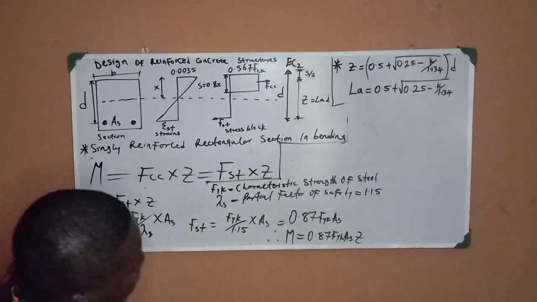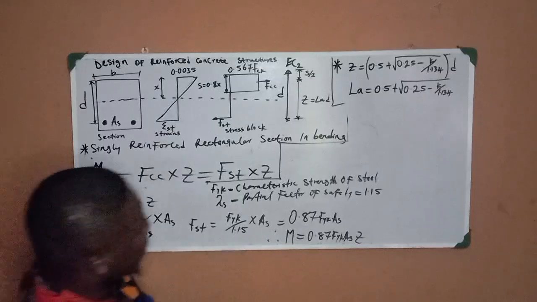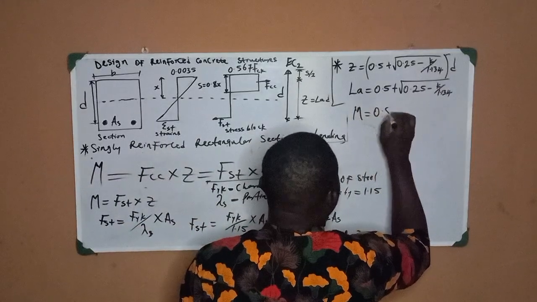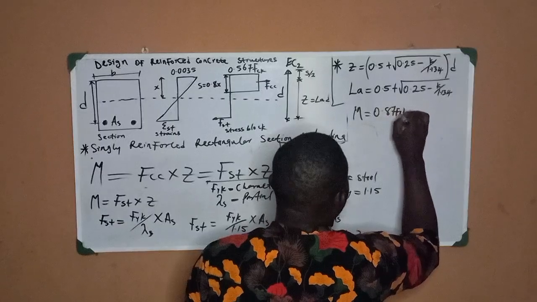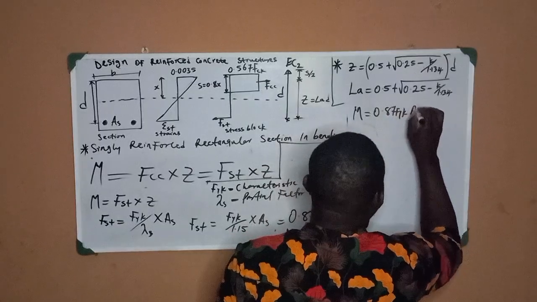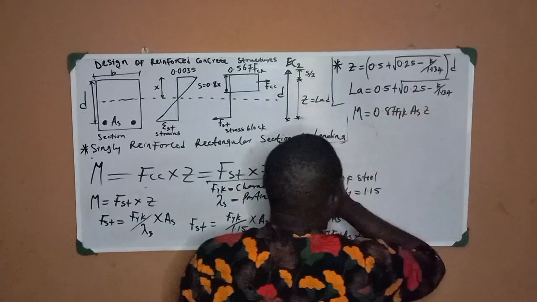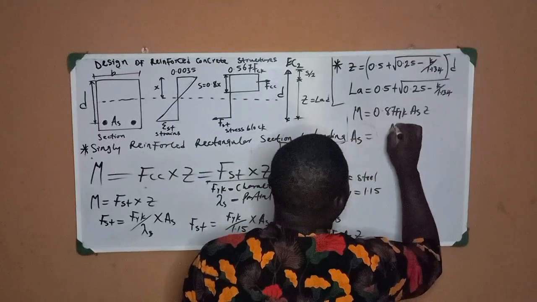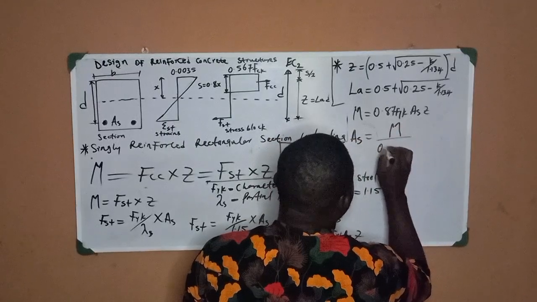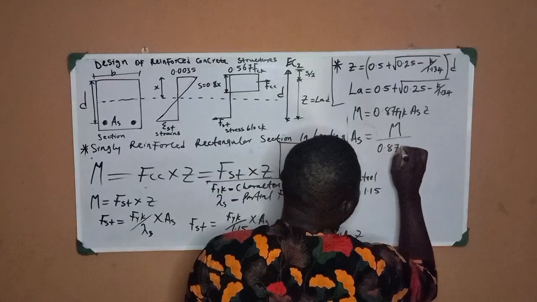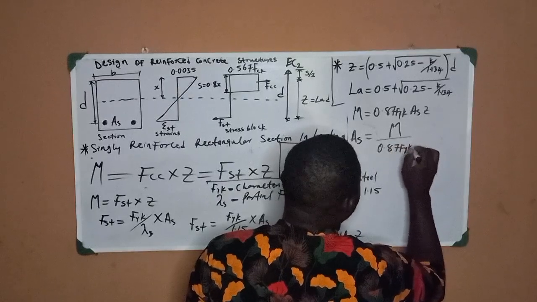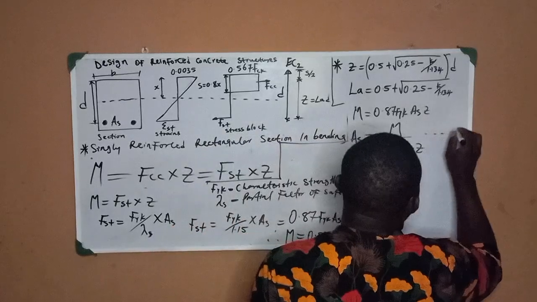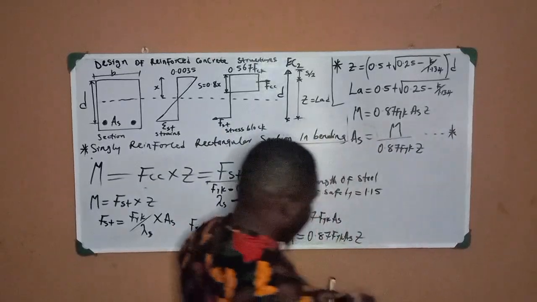So from this expression, M is equal to 0.87 fyk As z. So the area of steel I'll be looking for will always be M over 0.87 fyk z. So this is another parameter. It is very important.